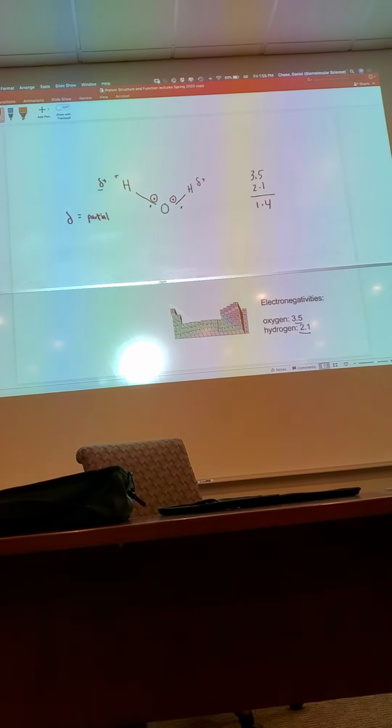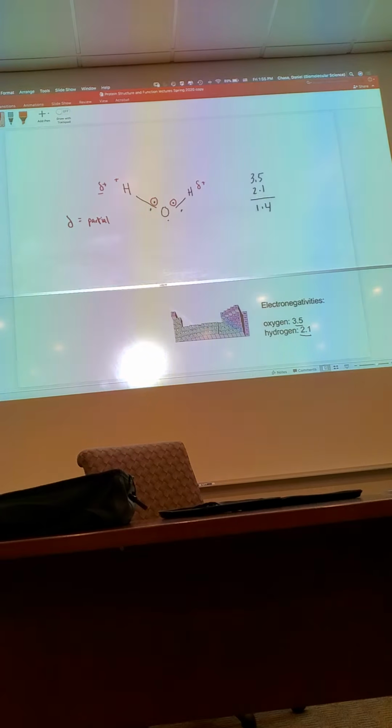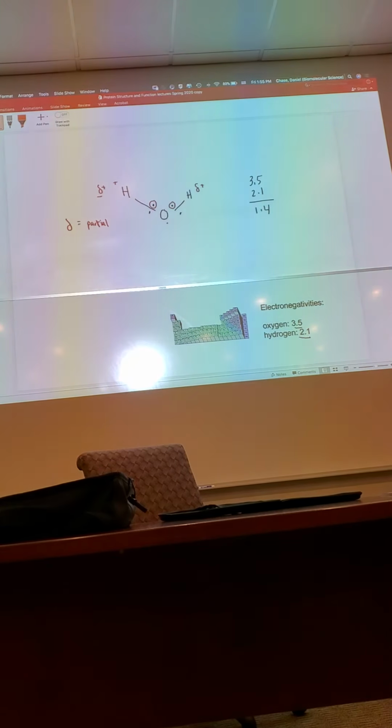Now, oxygen has 2 more electrons hovering around its nucleus than it should have on average. And so it adopts a negative charge, and the negative charge is exactly opposed to the bond between hydrogen and oxygen. And that means there's a partial negative charge here on the oxygen, and the same is true here.